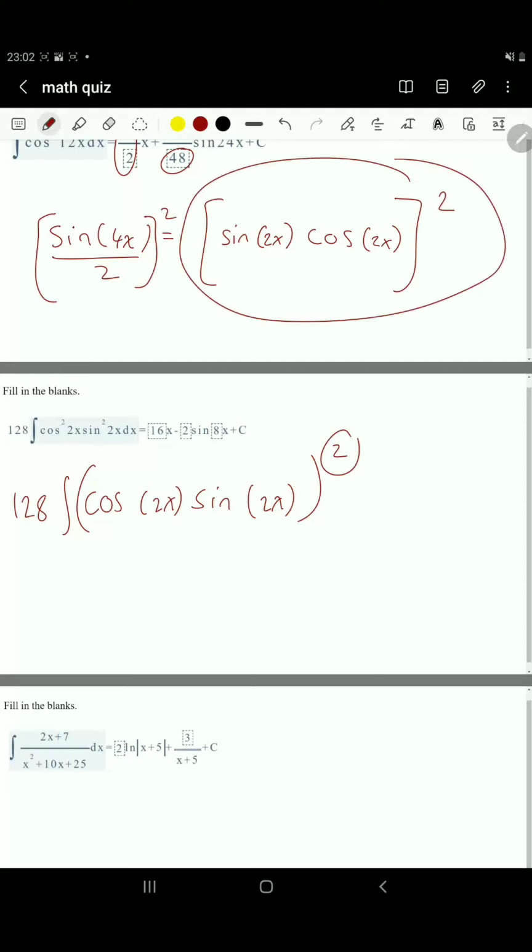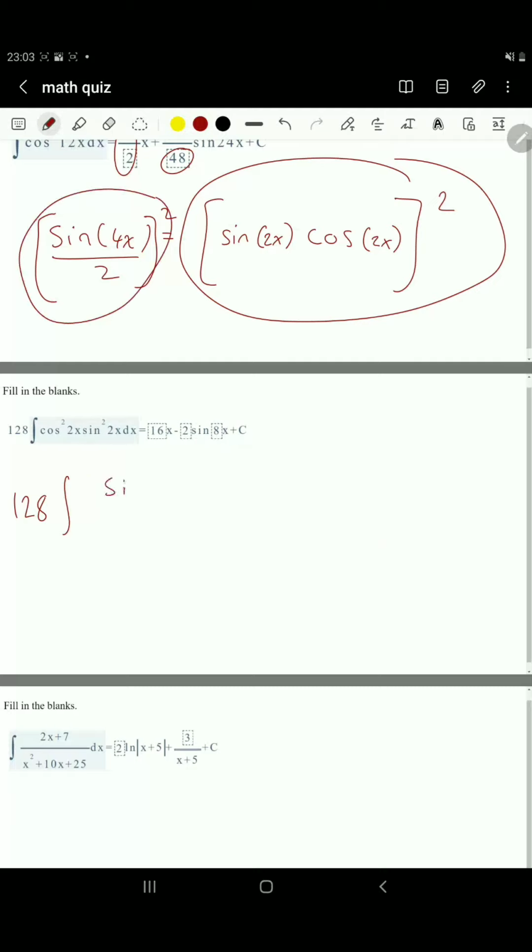So we can just substitute, remove all of this, and you just put sine 4x over 2 all squared dx. Distribute the square, you get 2 squared here, you get sine squared here. Cool. 2 squared is 4. Constant, we can pull it out. 128 over 4 is just 32, I believe, so 32, 4, 8, 128, yes.